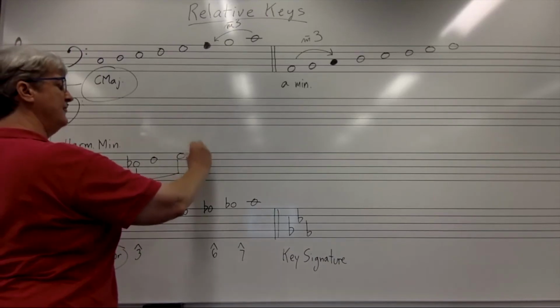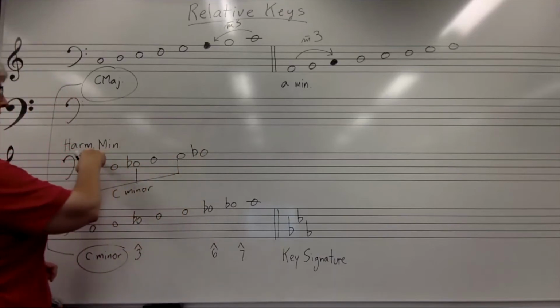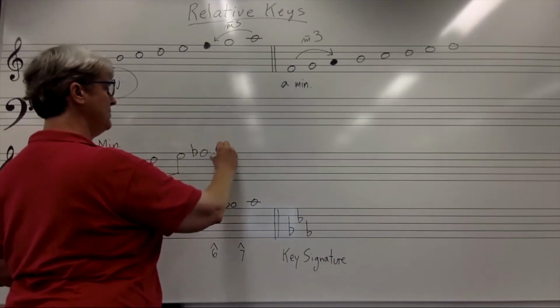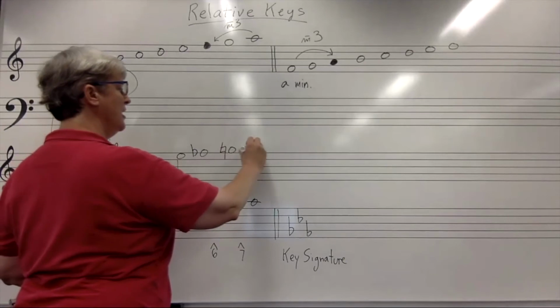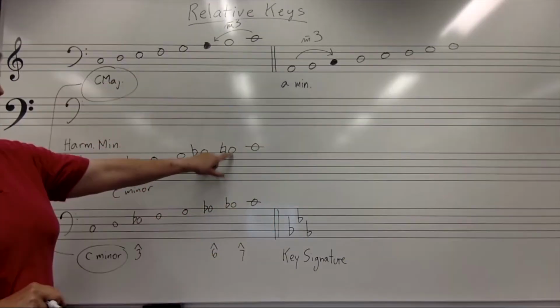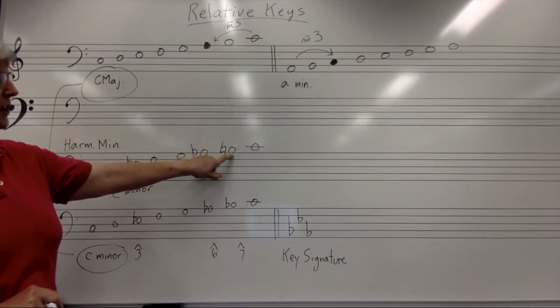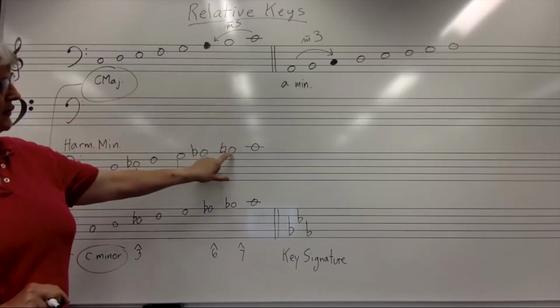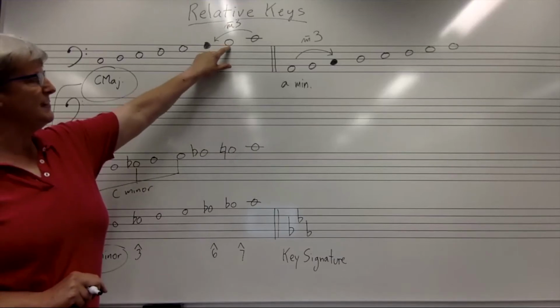Then we'd have A flat, and the thing that makes it a harmonic minor scale is that it has a B natural. The B natural is there because it's essentially borrowed from the parallel major. This is the B natural from C major.